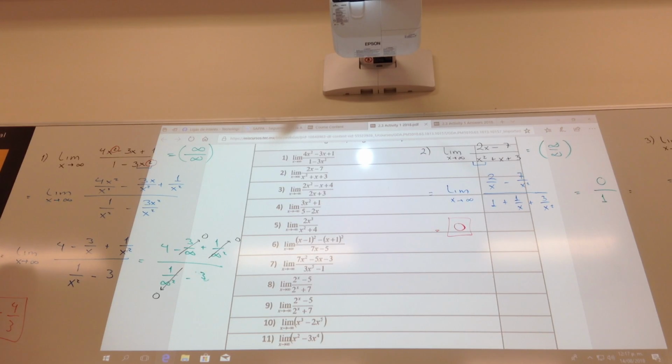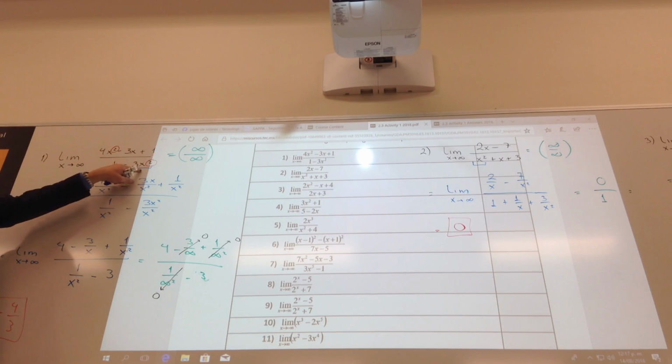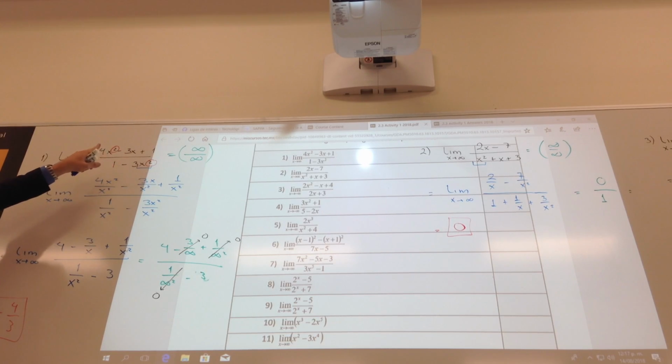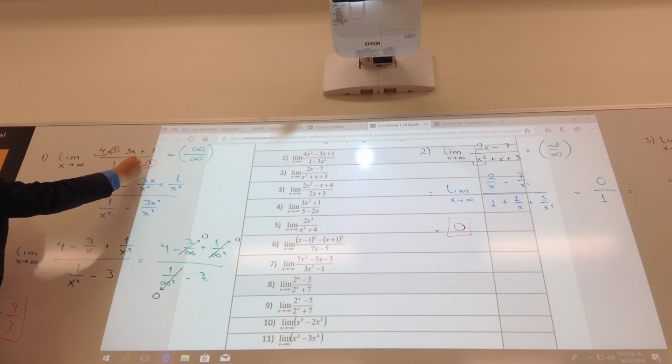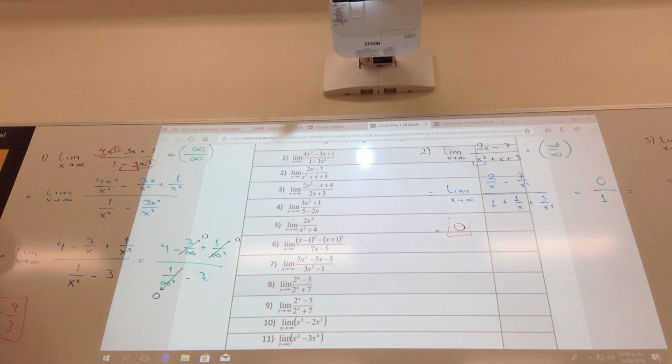Okay? In this case, there is a way to verify your answer. If you observe that the numerator and the denominator have the same highest power, the same degree, then the final answer is going to be the division of the leading coefficients. In the quiz, I want the full procedure.